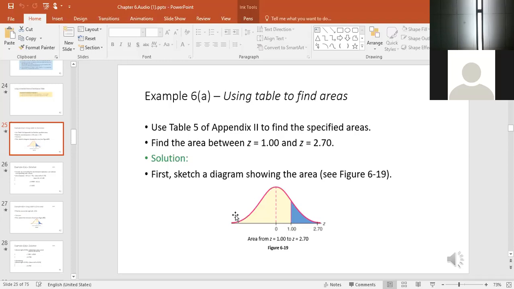I can spend 10 or 15 minutes to show you how to read the table, but for information, to do it with the table, you write the probability that z is less than 2.7 minus the probability that z is less than 1. Because the table is only giving you the tail.